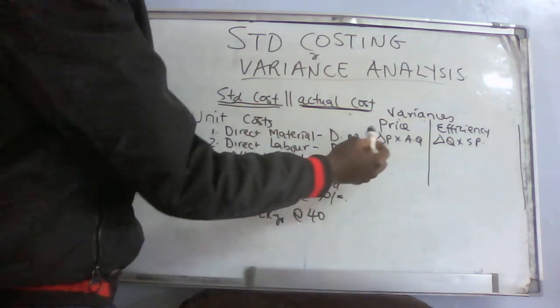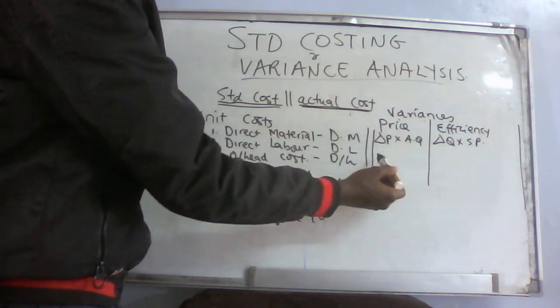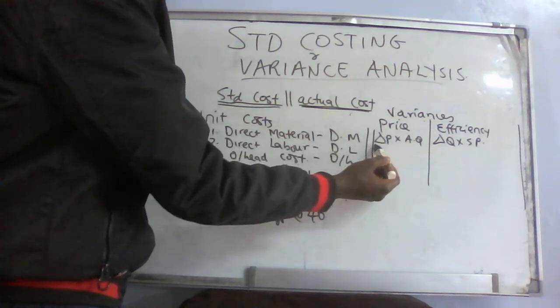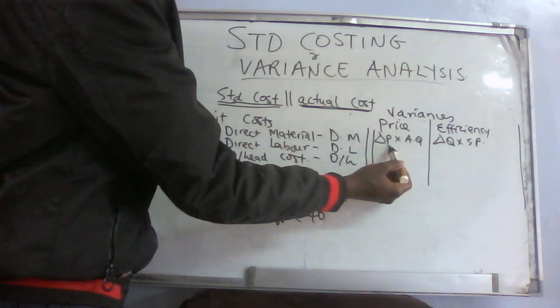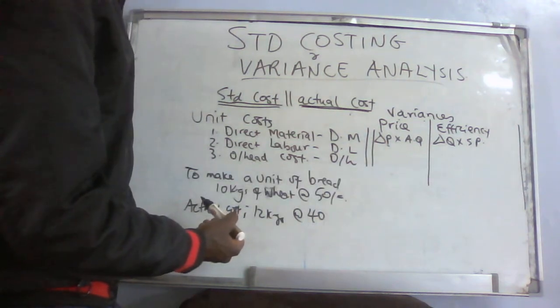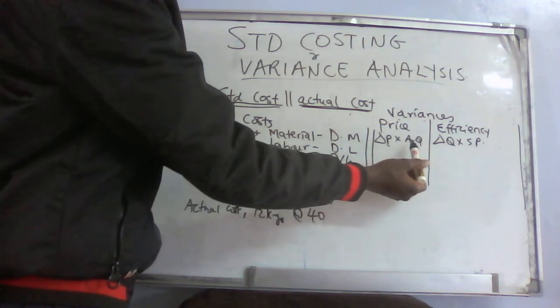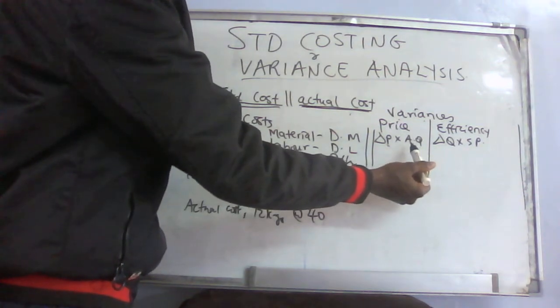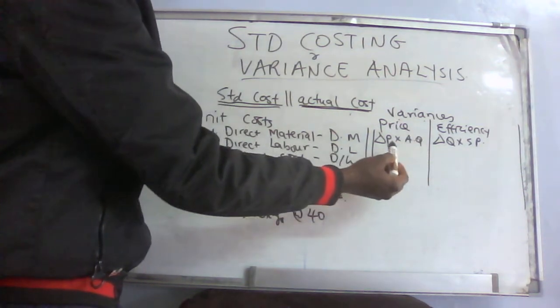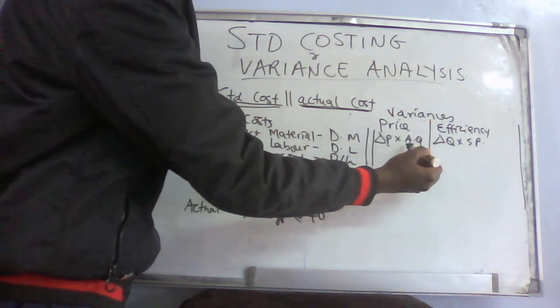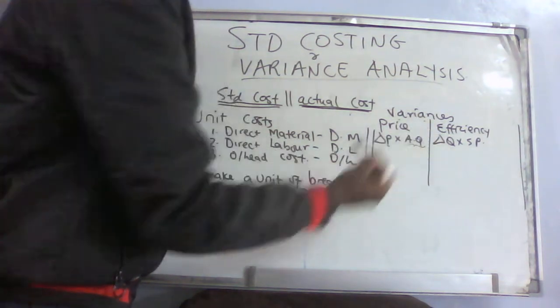So because this is a price variance, we want to check the change in price. So the focus is on price. And then the change in price we will multiply by actual quantity, because this is the actual amount that we bought. So this is what will influence our cost.